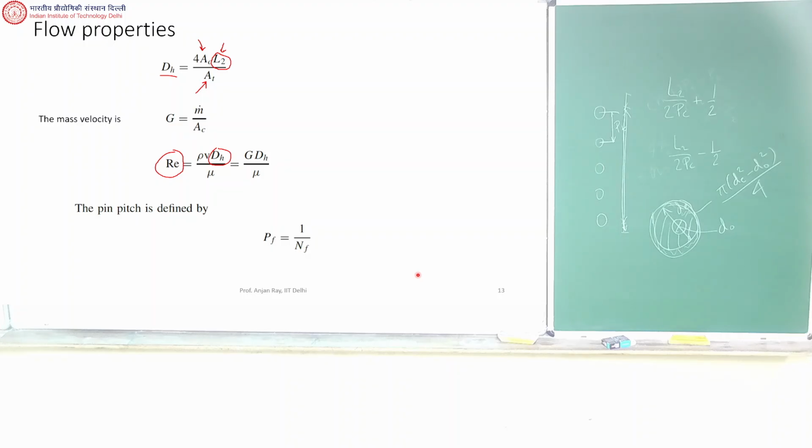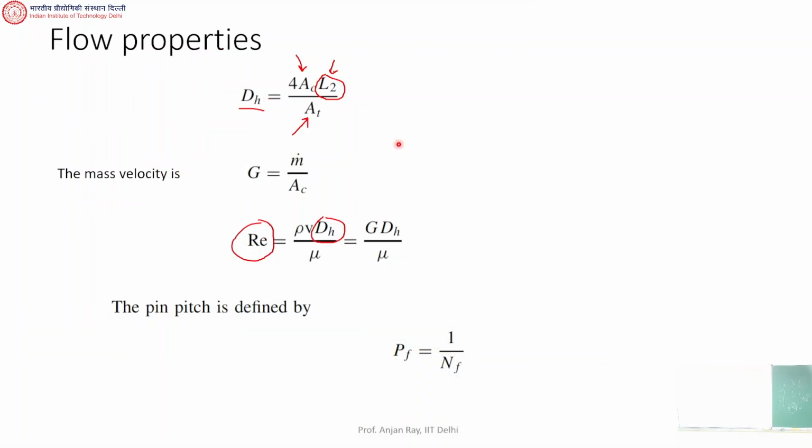Now we have that area AC. The last expression was AC. So based on AC, we can calculate a hydraulic diameter. This hydraulic diameter, you know, is written 4A over P, correct? P is the perimeter. Here we are not using P directly, but instead of P, we are using the total area divided by L2.